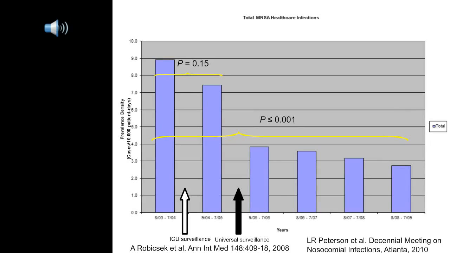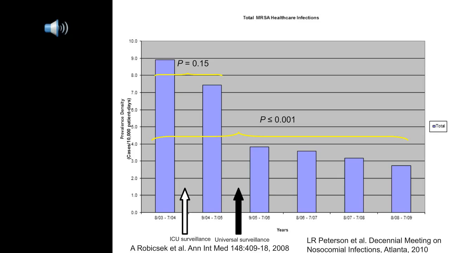On the far left bar is the baseline data, our MRSA disease rates in the year before we started. The second from the left, between the two arrows, is we actually did the program first in the intensive care units at our 3 hospitals, and that had some reduction in disease, but it was not statistically significant.